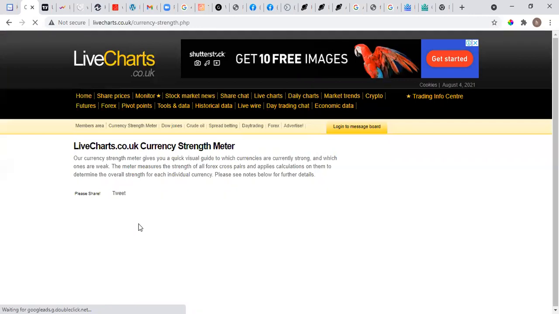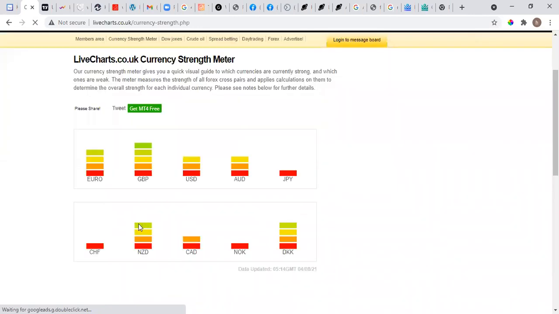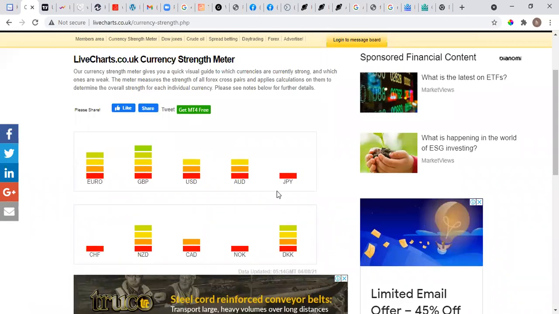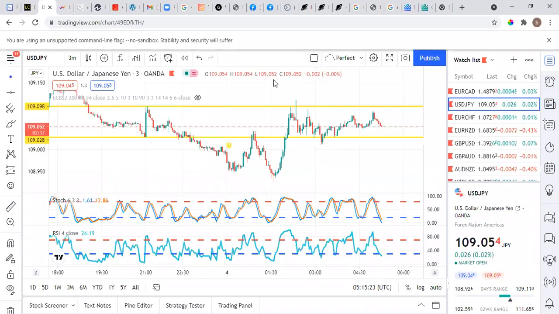There are also some currencies that I always prefer, and even educators prefer to trade Euro JPY and USD JPY. So I like to do Euro JPY. I can also do Euro CAD and even Euro CHF.